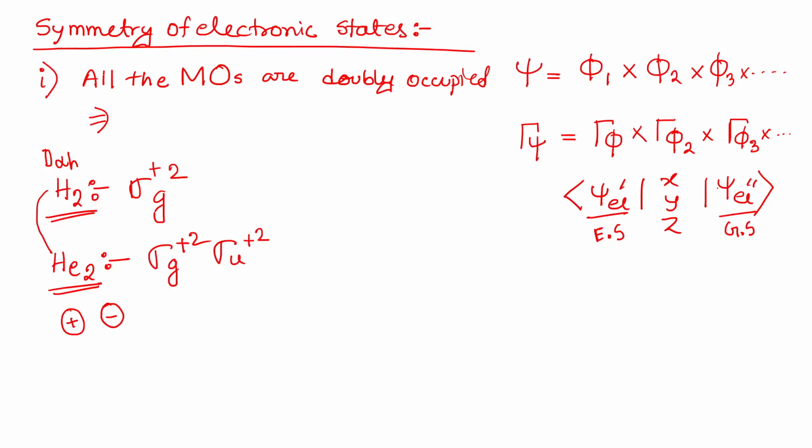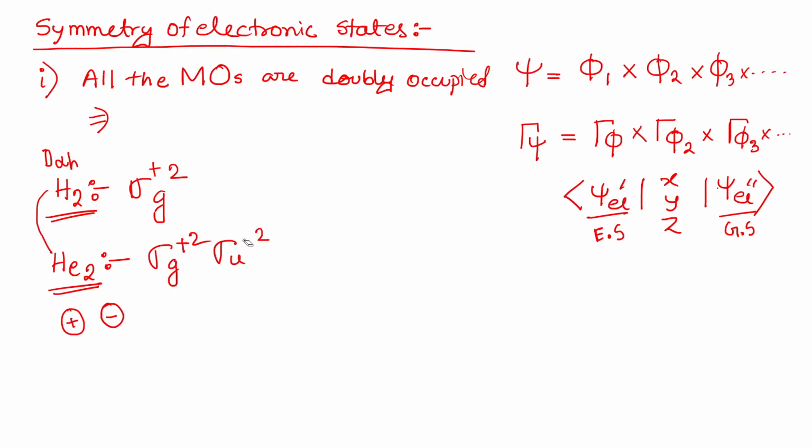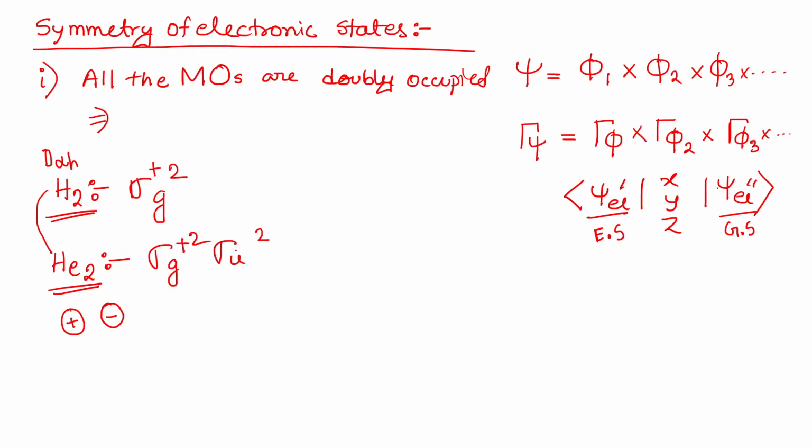So it is G, but antisymmetric with respect to the change in the position. So it is going to be minus. You can see here also sigma G minus, and this will also be G. So this is my electronic configuration. In case of electronic configuration, I'm writing sigma as a small letter.